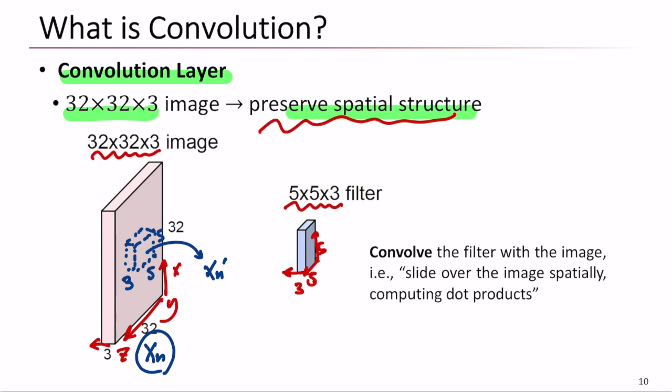Then if we assume that this is w, I mean the learnable parameter w, then we can generate the one output by multiplying wn prime and xn prime and w, then generate the one single output.